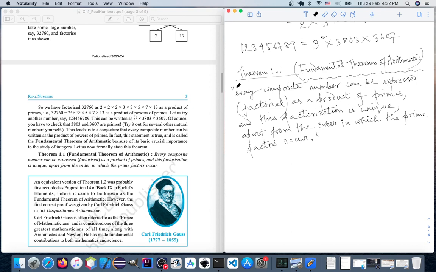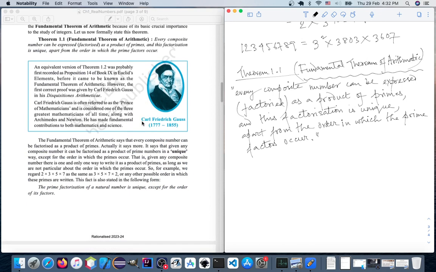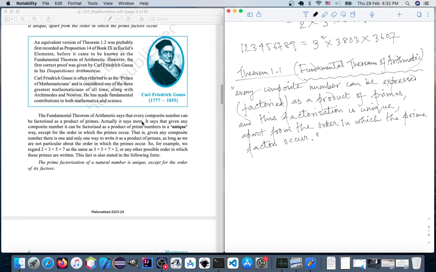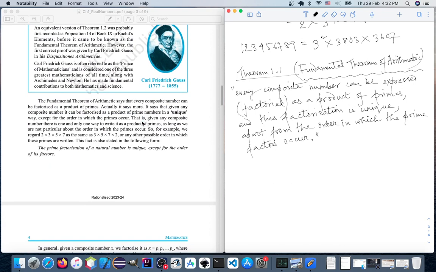So it says, I will skip the historic part. The fundamental theorem of arithmetic says that every composite number can be factorized as a product of primes. And actually it says more. It says that given any composite number, it can be factorized as a product of prime numbers in a unique way.